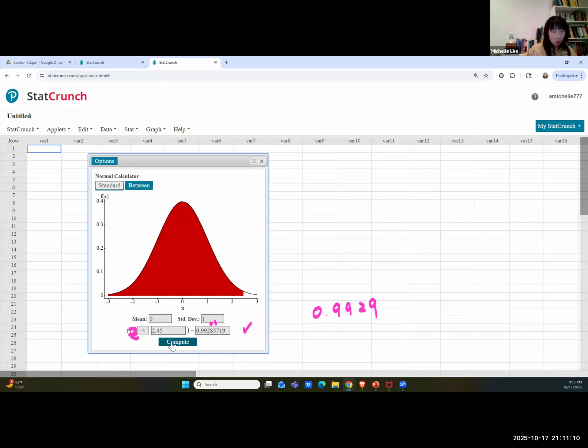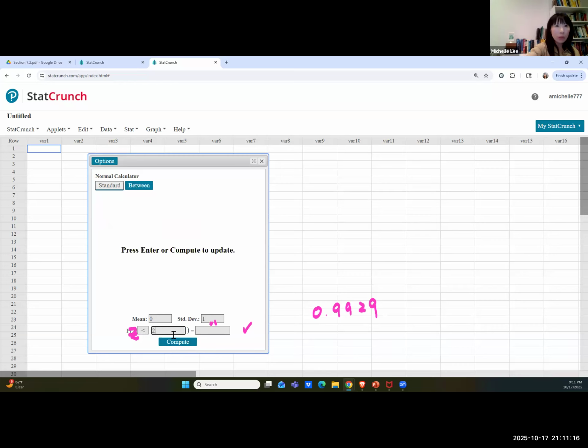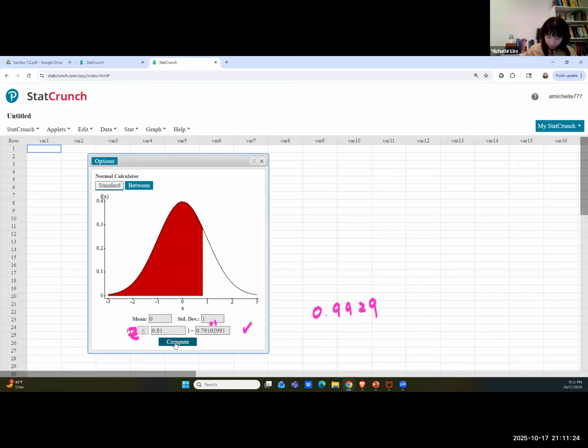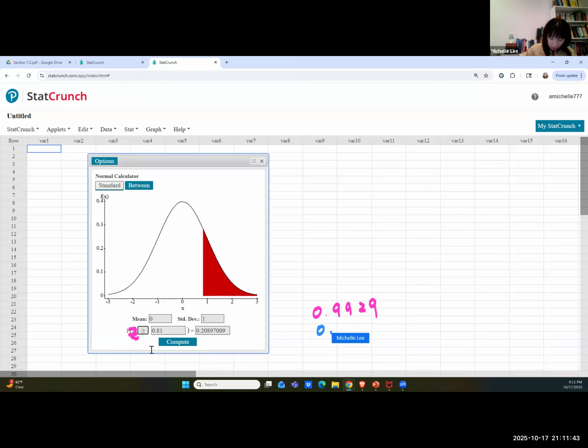The second one is Z-score greater than 0.81. Okay, compute. So we get, greater than, sorry, yeah, greater than 0.81. So we get 0.208, and the 7 is greater than 5.